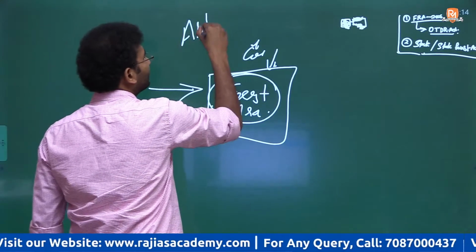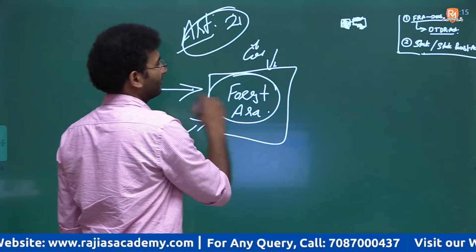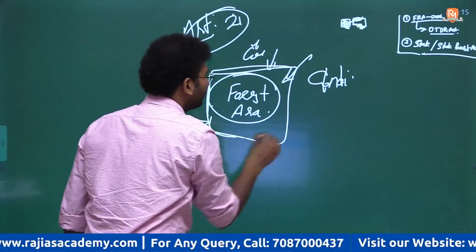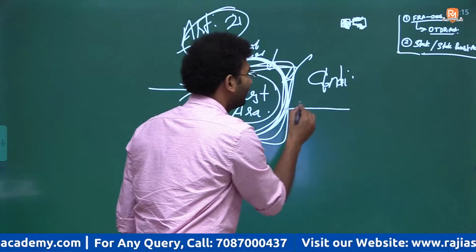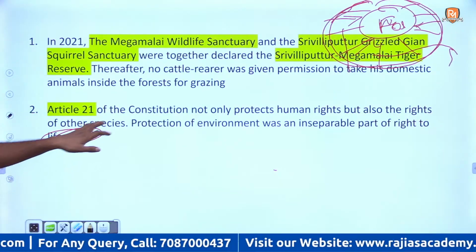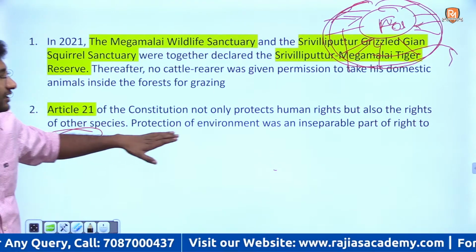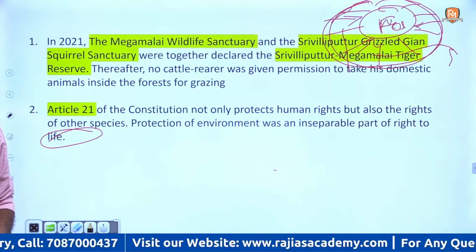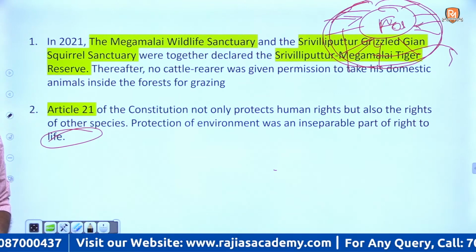Article 21 says the court today has not just protected the individual, but also the area of the forest. The forest area is also protected by the court by banning the cattle from entering this area. This is what is said here, right? The Constitution not only protects human rights, but also the rights of other species. Protection of environment is an inseparable part of the right to life, right? Right to life, protection of environment is also important. This is what is said. Clear?